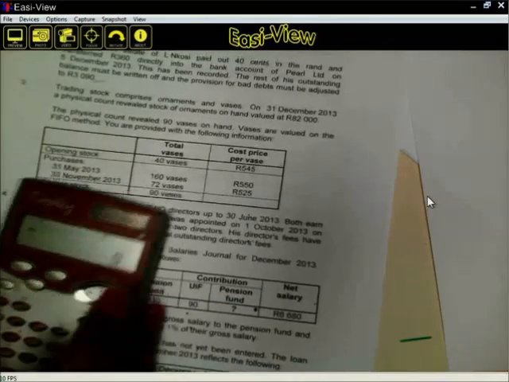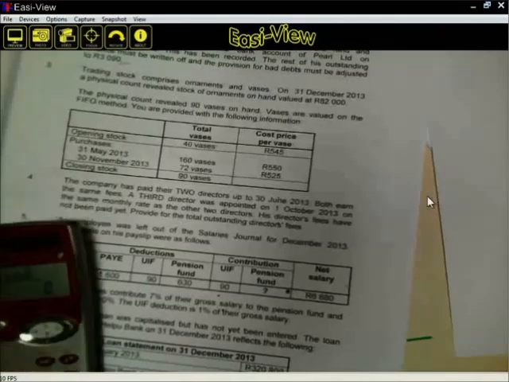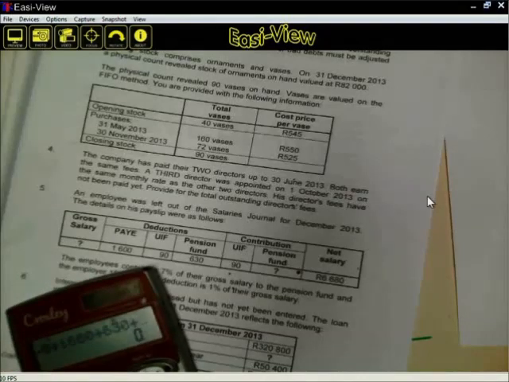Let's check. How much is our net salary? It's 6,680 plus 1,600 plus 630 plus 90 rand. How much do we have?